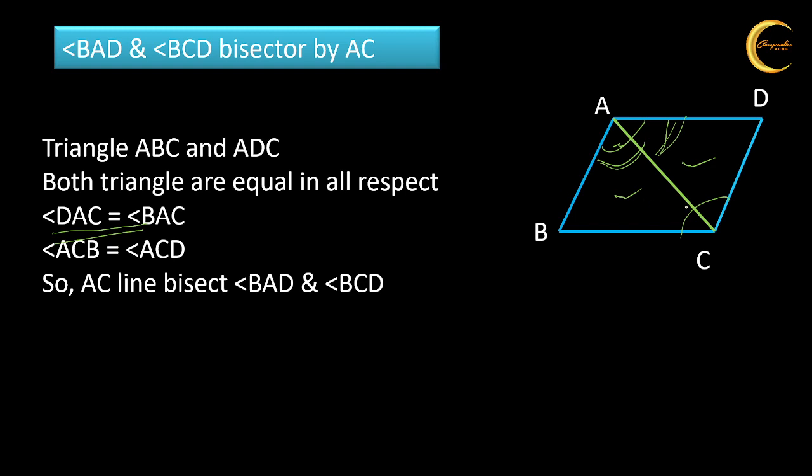And again, corresponding angles, this angle ACB equals this angle DCA, or ACD. So if these two angles are equal with each other, then we can say this line AC bisects this whole angle BAD and this whole angle DCB, or BCD.